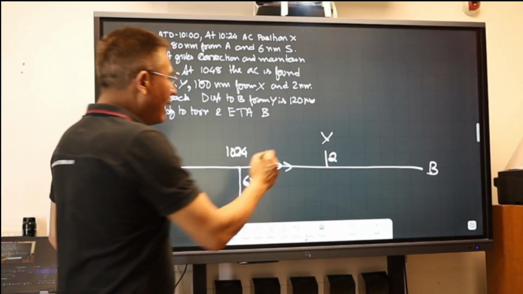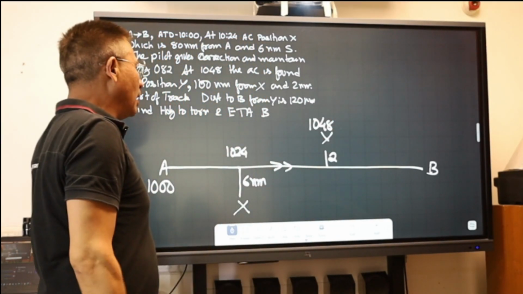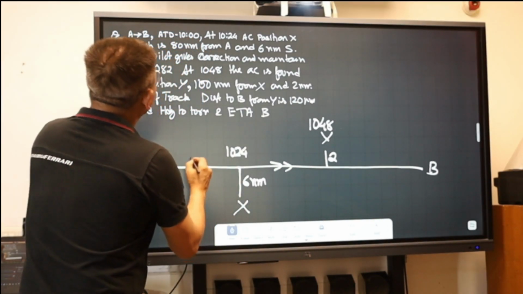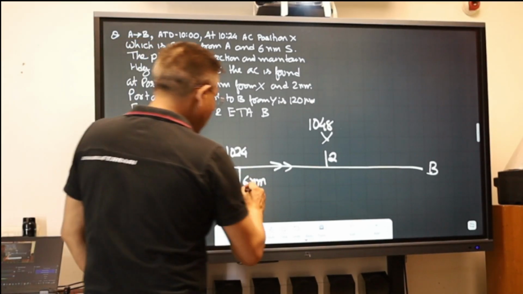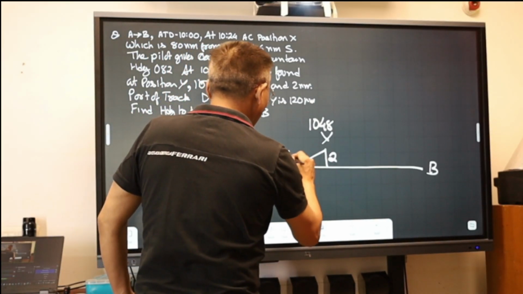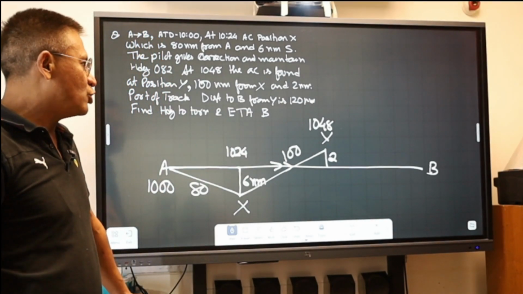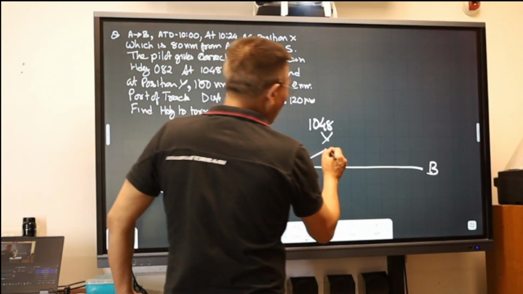This is at time 1048. Now this is 80 nautical miles and this is 100 nautical miles. At point Yankee, the distance to point Bravo, that is his destination, is 120 nautical miles.